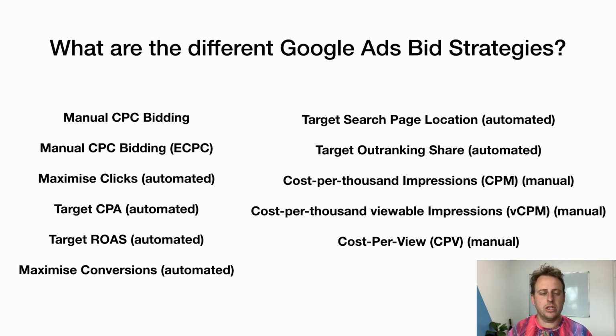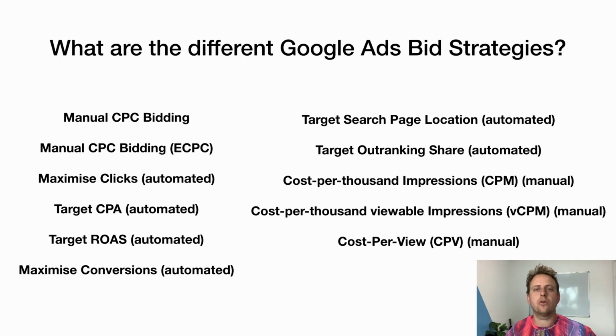Then you have maximize clicks, which is an automated bidding strategy, which means you're telling Google, I want you to get as many clicks every day given my overall budget. So Google's going to try and get you as many cheaper clicks as it can within the budget that you've set. When you're using an automated strategy like that, even though you're not setting the bids yourself as such, you still need to understand all of those numbers and metrics and the equations that we talked about in the first video.